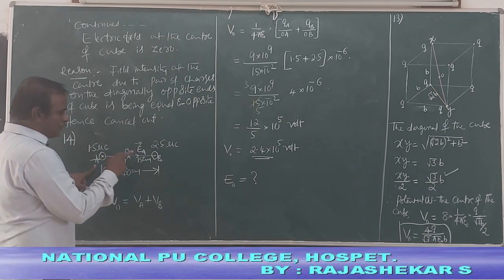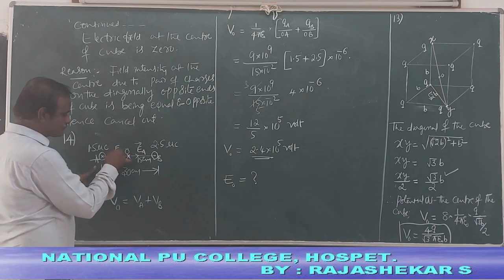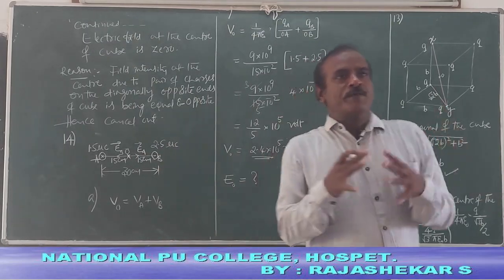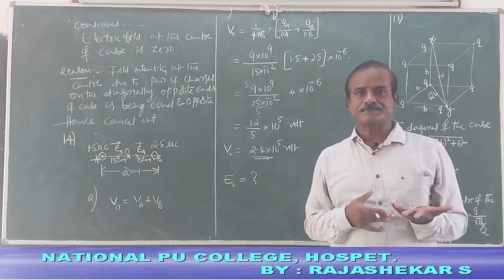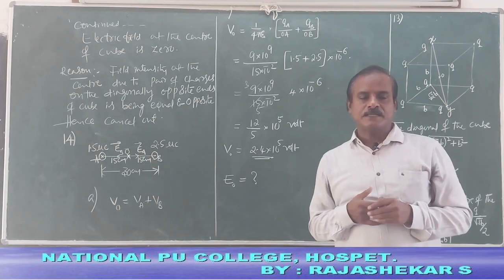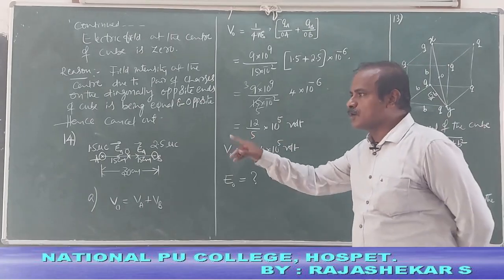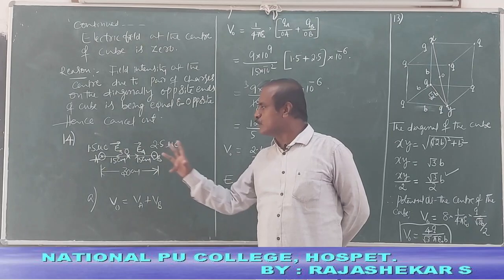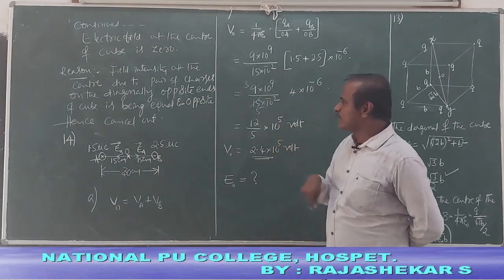Similarly, due to the charge at B, field at O is away from it. Two fields are opposite in direction, but not the same in magnitude. If same in magnitude, it would cancel. Not same in magnitude. Why? Because the charges are not the same in magnitude. Therefore, field intensity would be different, though the distance is the same.